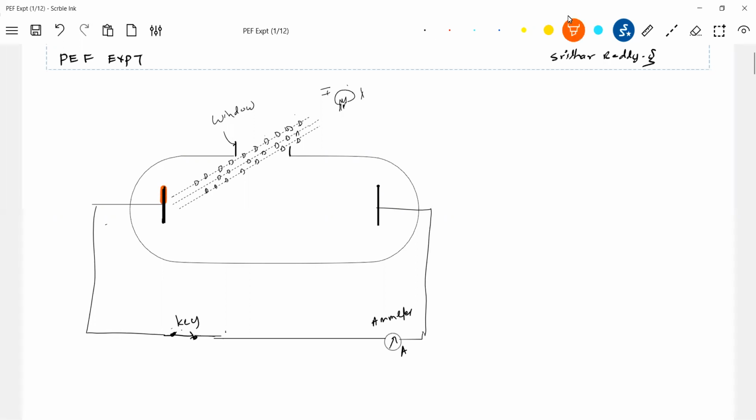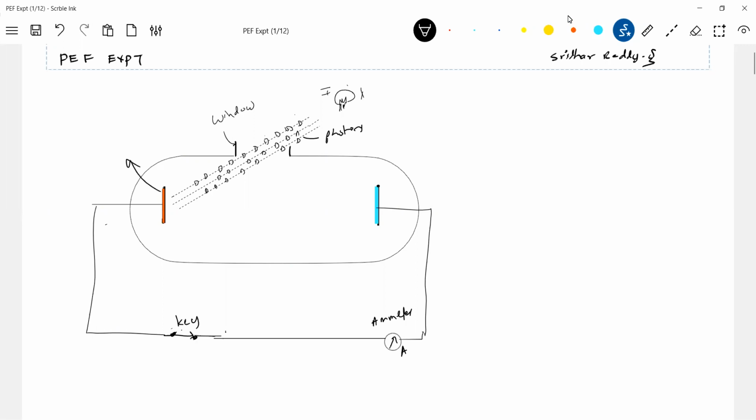Let me show red color. And this is a collector. Okay, now these are the photons. The energy of photons depends on this one. This particular emitter is a metal plate.